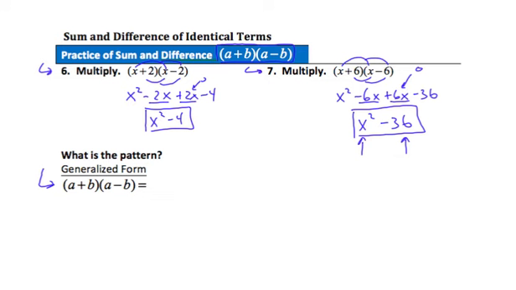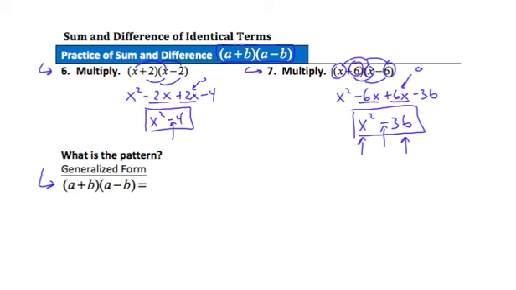How do we get the last term? Notice the first term, x squared, was simply x times x, or just simply squaring that first spot. Notice the last spot, the negative 36, comes from 6 times 6, or 36. And then notice they both have a subtraction sign in the middle.